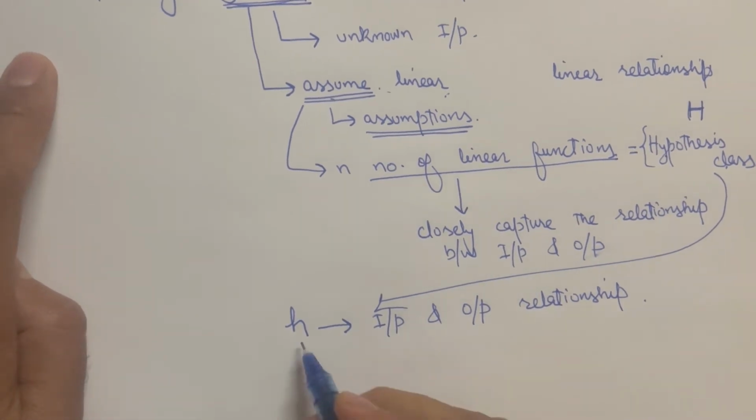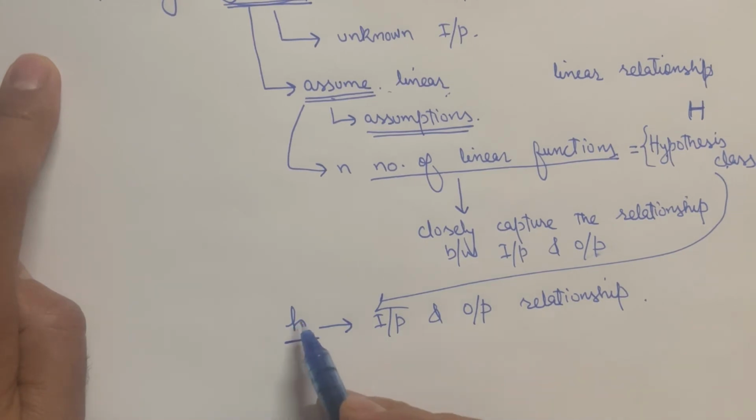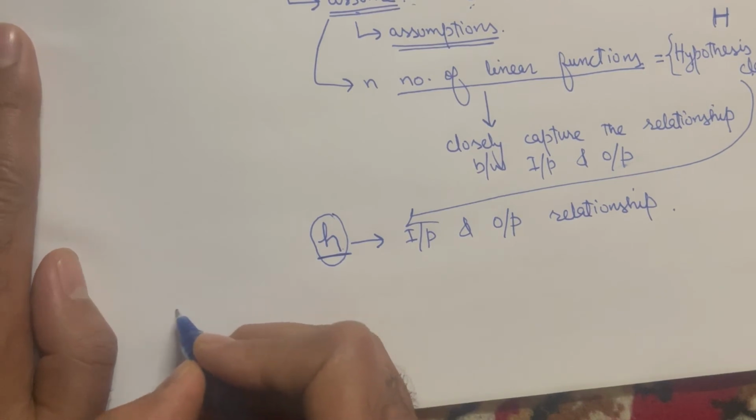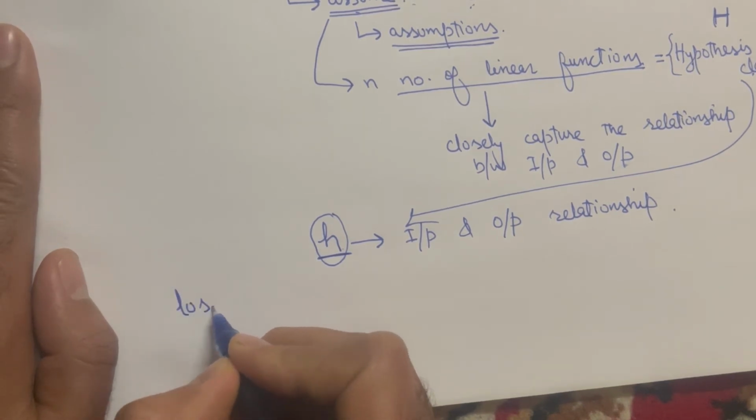Now, how will you choose this particular hypothesis function, or how will you say which function is best? What we can do is that with every function we will associate a loss.